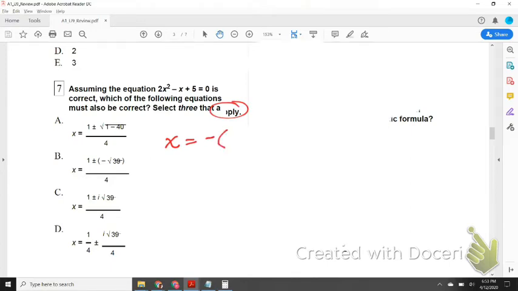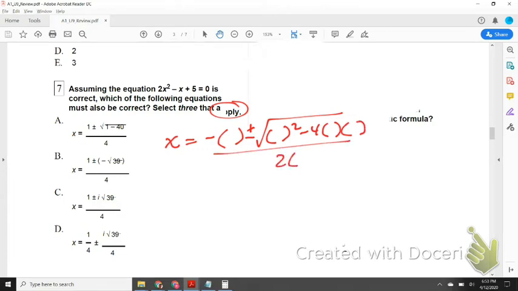So we have negative b plus or minus the square root of b squared minus 4 times a times c, all over 2a. Okay. So again, take a second just to say a equals 2, b equals negative 1, c equals 5. And it'll save you a little bit of headache down the line.